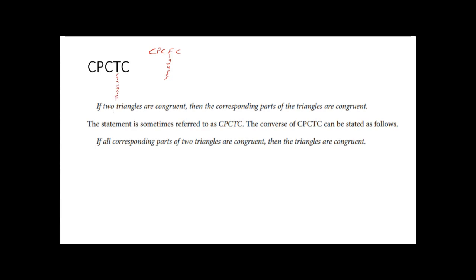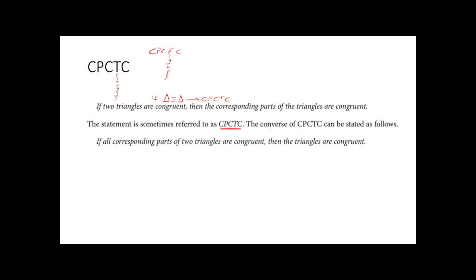So basically, CPCTC is this: if two triangles are congruent, then the corresponding parts of the triangles are congruent, CPCTC. So if the triangles are congruent, then CPCTC is applied. Now, the statement is sometimes referred to as just the acronym CPCTC.